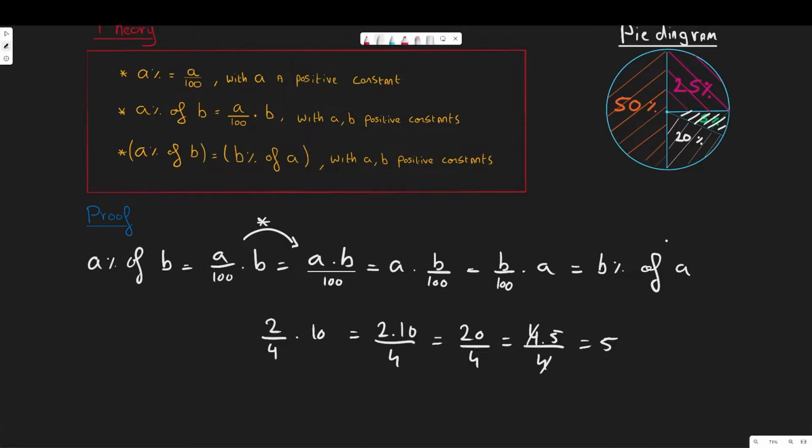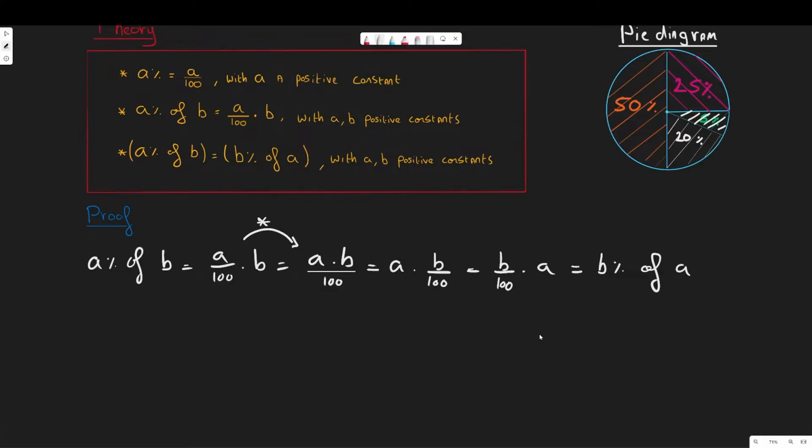And 2 over 4 times 10 is the same as 1 over 2 times 10, which is just 5. This step right here holds, so that's why we can use that. Now you will see in the exercises why this property is so important.